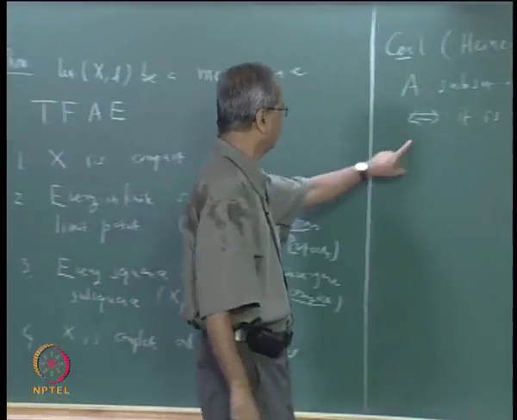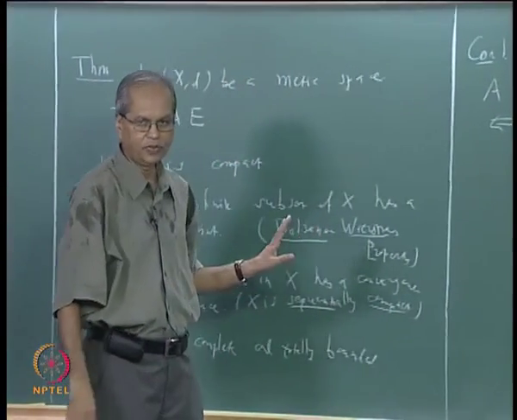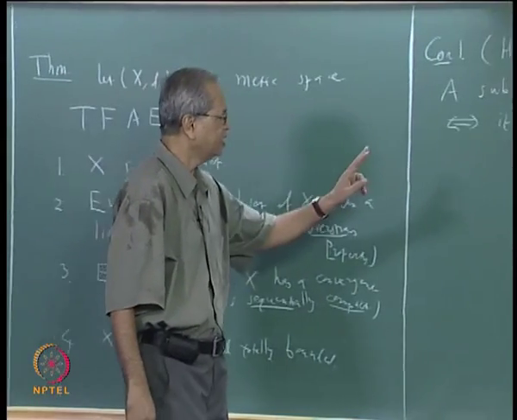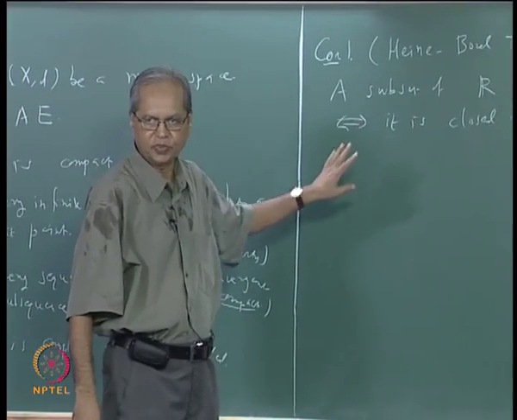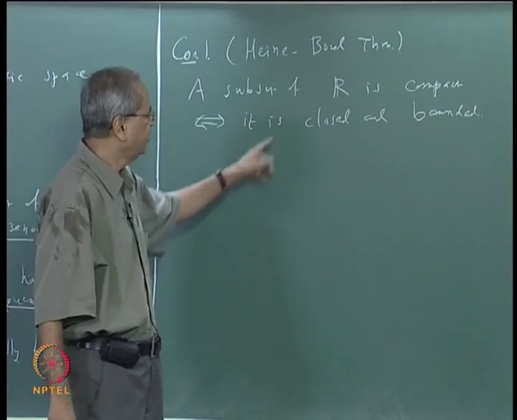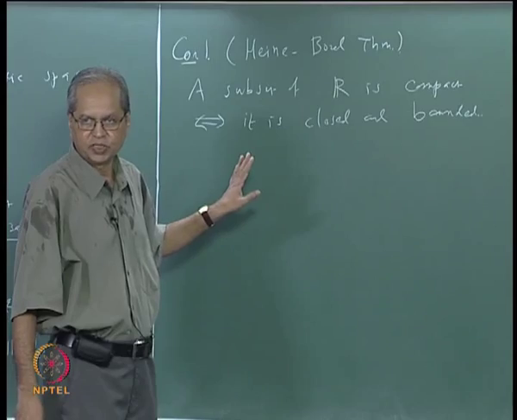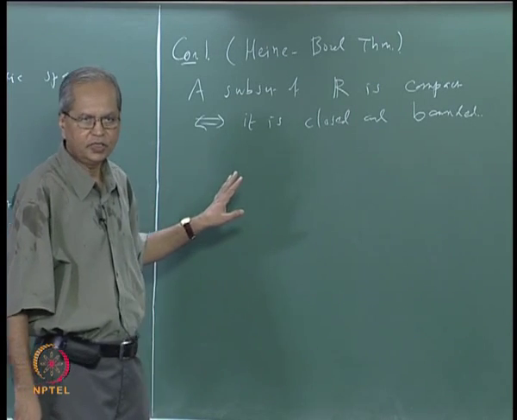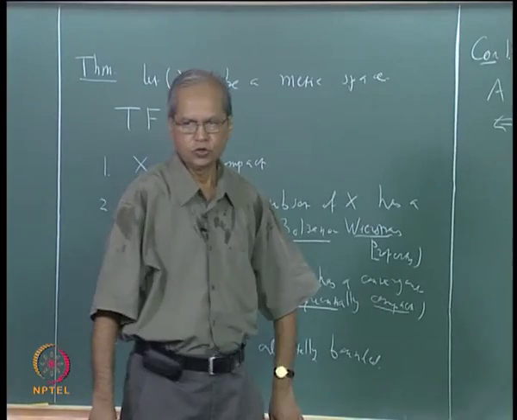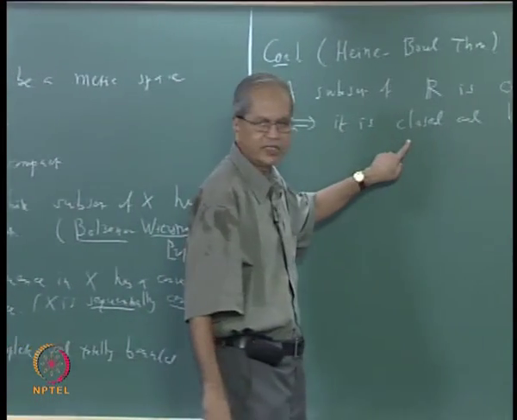Now, how does this follow from this theorem? Of course, we have already seen that if a set is compact, then it is closed and bounded. That is true in any metric space. The only issue is to prove the converse. But we already know that R is a complete metric space. And we have shown that a closed subset of a complete metric space is complete. So if you take a subset which is closed, then that is complete.